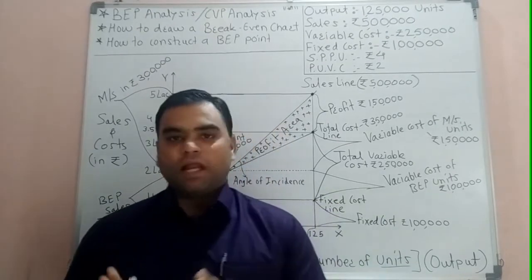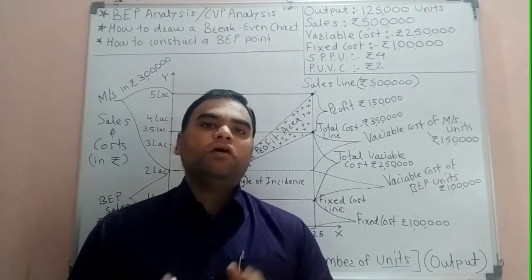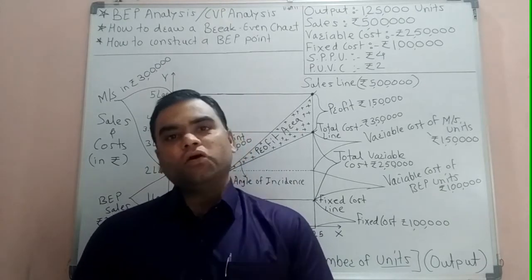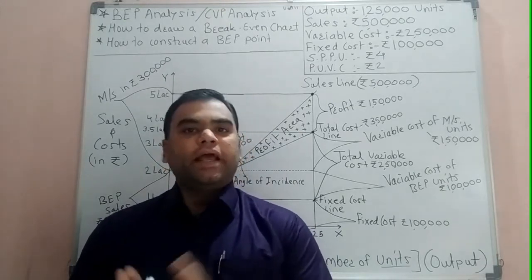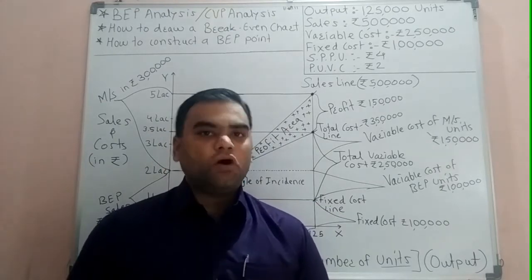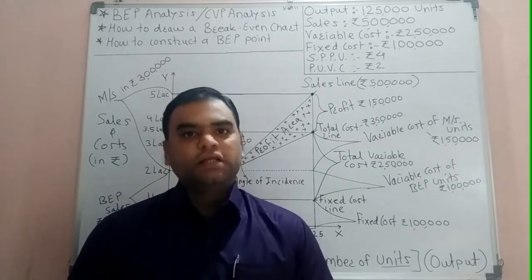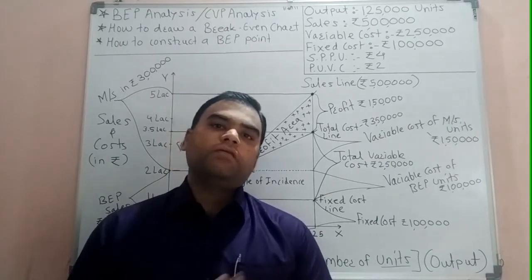As we discussed in the last lecture, BEP, break-even point, means the point of sales when the total cost and total sales are exactly equal. Suppose 10 rupees sales, 10 rupees cost, both are equal, so there is no profit, no loss. That stage is known as the break-even stage.